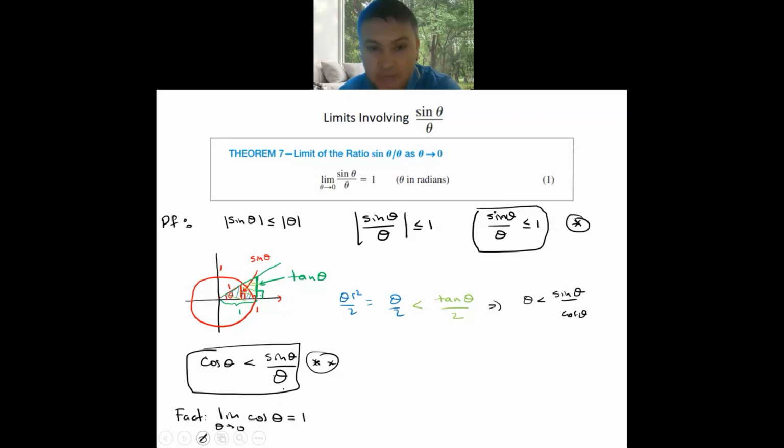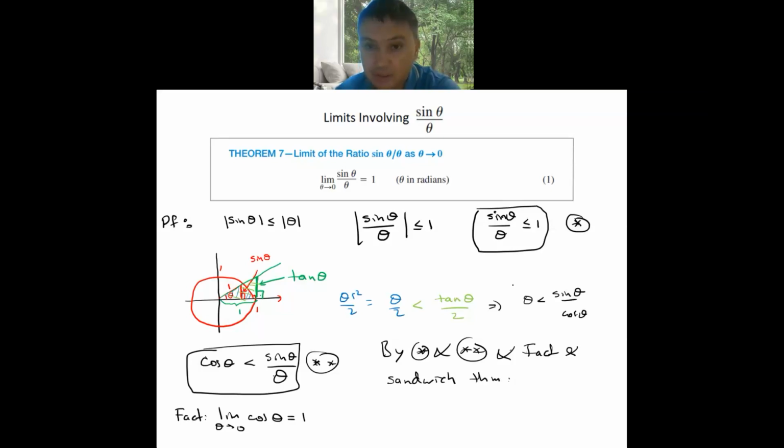But bearing in mind this fact, by star and double star, if I use these two, and also I use this fact, and I use the sandwich theorem, what do we get?